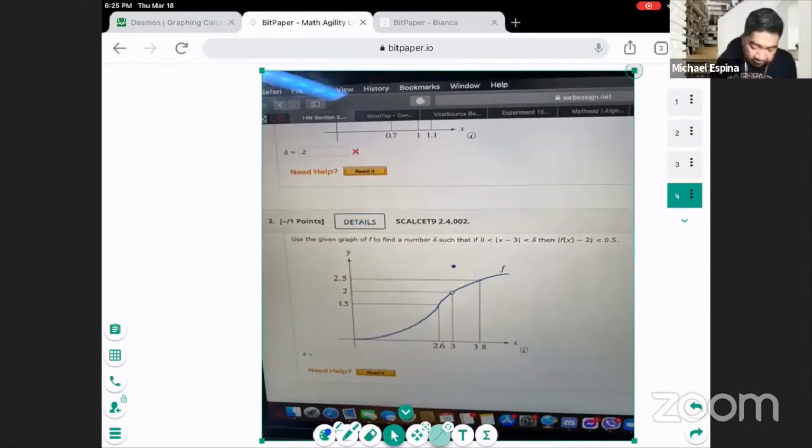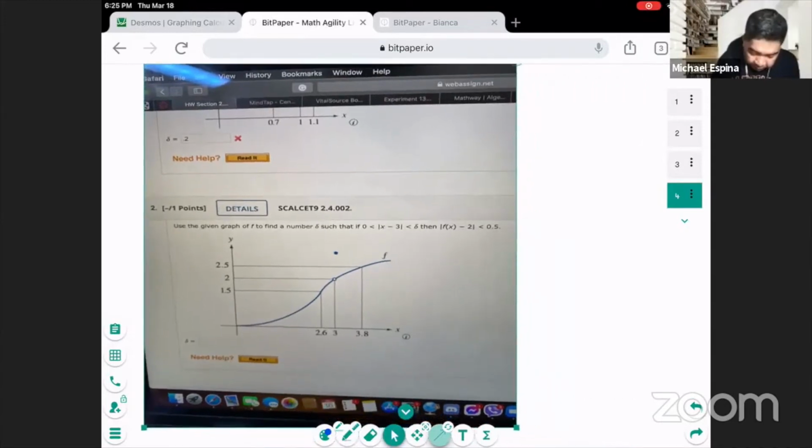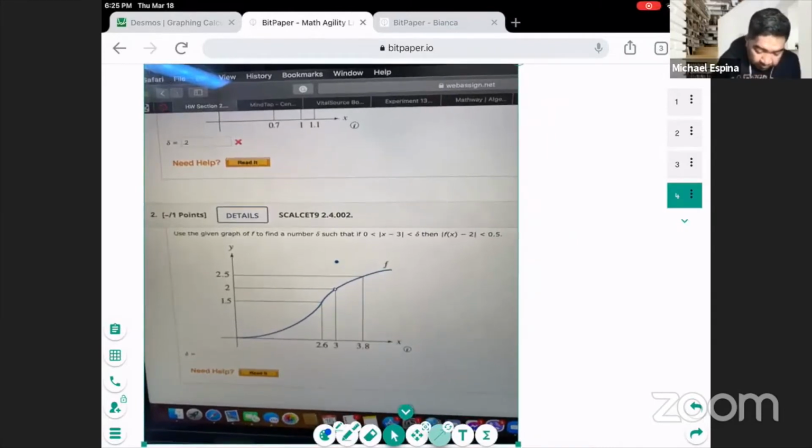Use the given graph of f to find a number delta such that if the absolute value of x minus 3 is between 0 and delta, then the absolute value of f of x minus 2 should be less than 0.5.